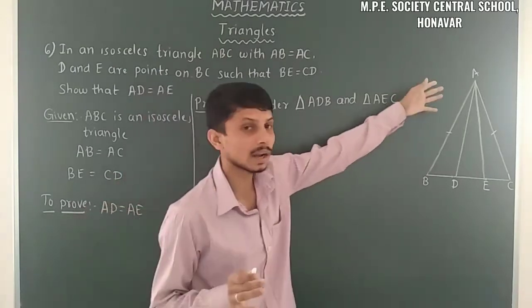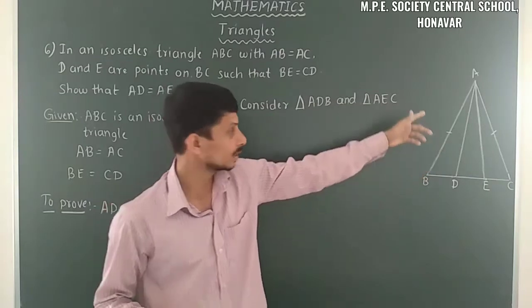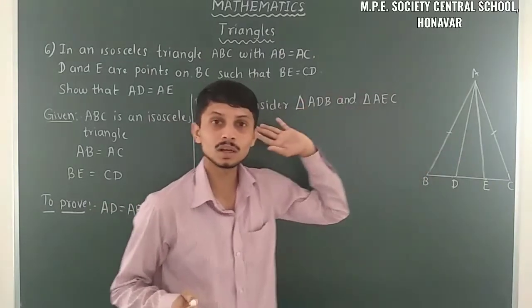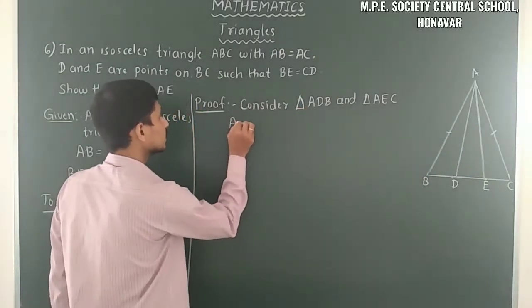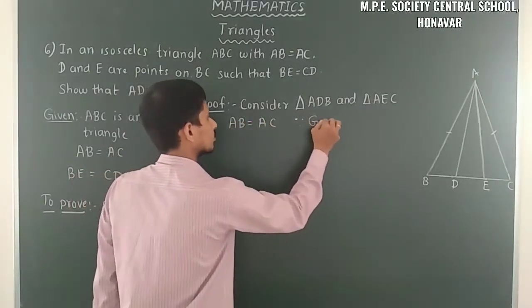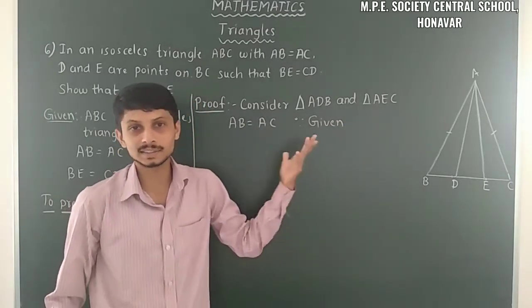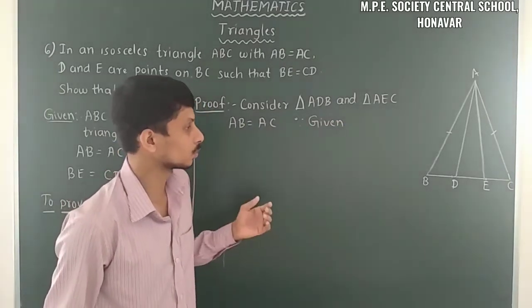Here just observe, isosceles triangle means the two sides are equal. So AB and AC, those two are equal. Yes, AB is equal to AC because it is given. When we have an isosceles triangle, we can easily write those two things.